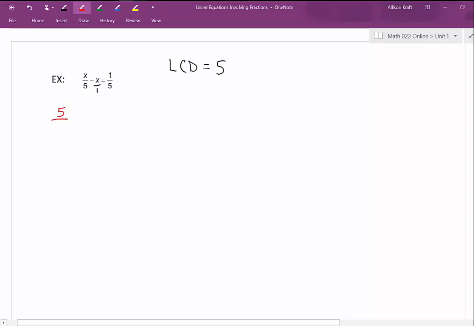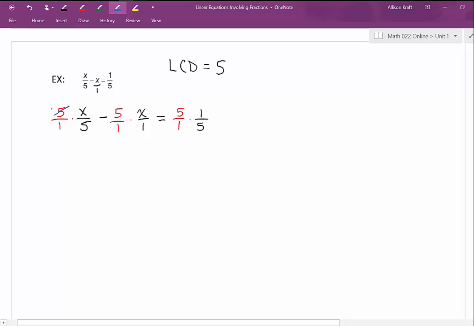So we're going to have 5 over 1 times x over 5 minus 5 over 1 times x over 1 equals 5 over 1 times 1/5. The whole point of doing this is to eliminate the denominators, so we should be simplifying first and canceling out all of the denominators.